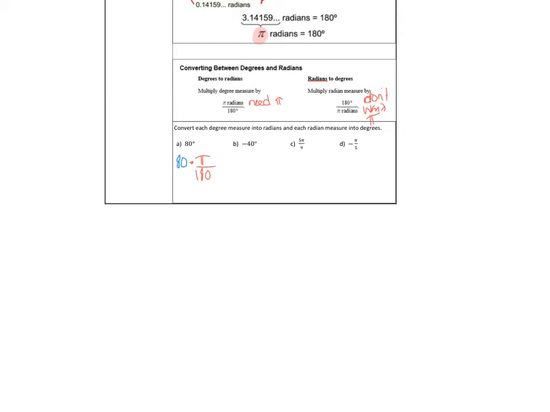And then we just simplify our fraction. We multiply straight across: 80 times pi over 180. I want to simplify, so I'm going to divide the top and the bottom of my fraction by 20. And so I'm going to end up with 4 pi over 9 radians. So 80 degrees is the same as 4 pi over 9 radians. Doesn't that look way better than degrees?